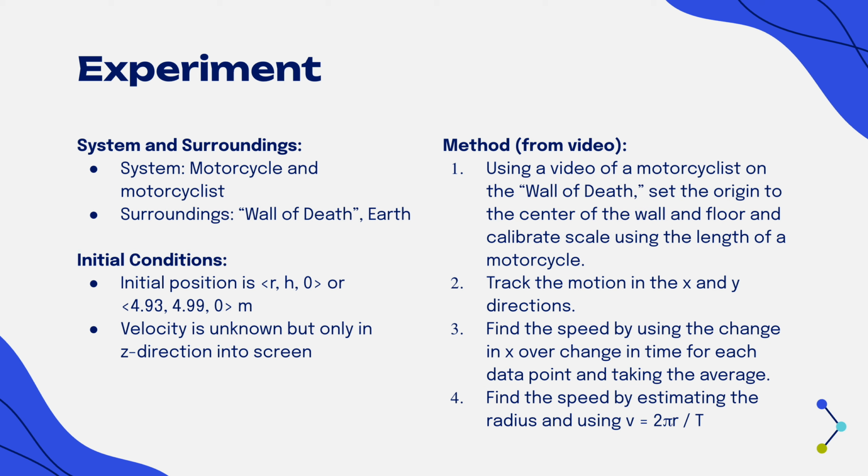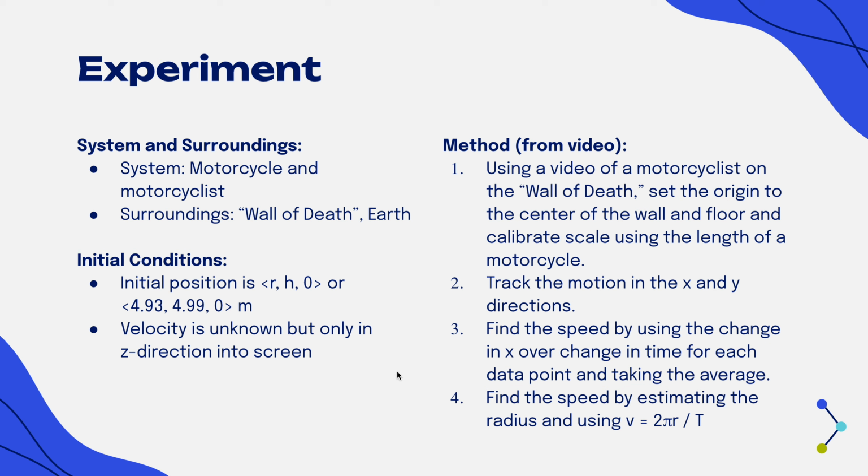For initial positions, I looked at a video of the wall of death. It started at a fixed radius and a certain height, but no z-coordinate. The velocity is unknown, but I figured it out using Tracker. I looked at the video, tracked the motion in the x and y directions, and first found the speed by using the change in x over change in time.